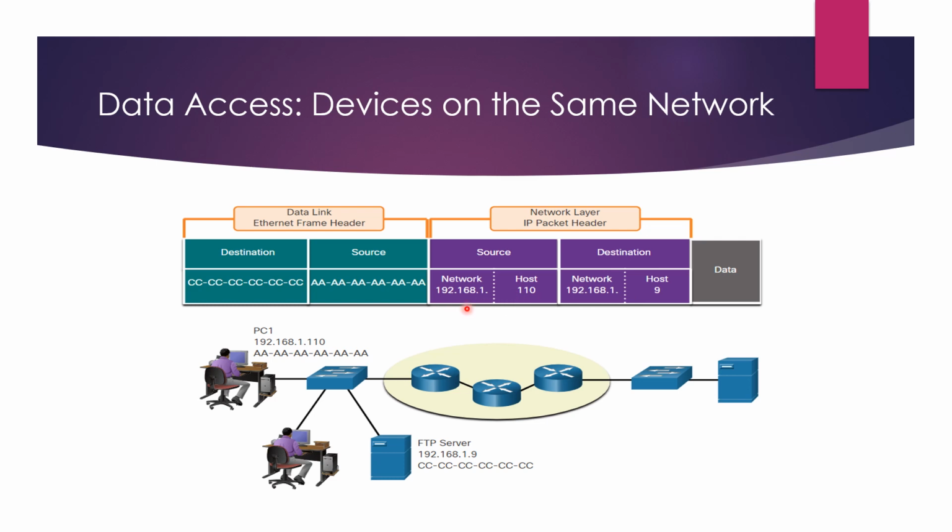As you can see, the network part of both the source and the destination is the same. What is unique for them is the host portion: for the source it is 110, and for the destination it is 9. This is unique for each device.